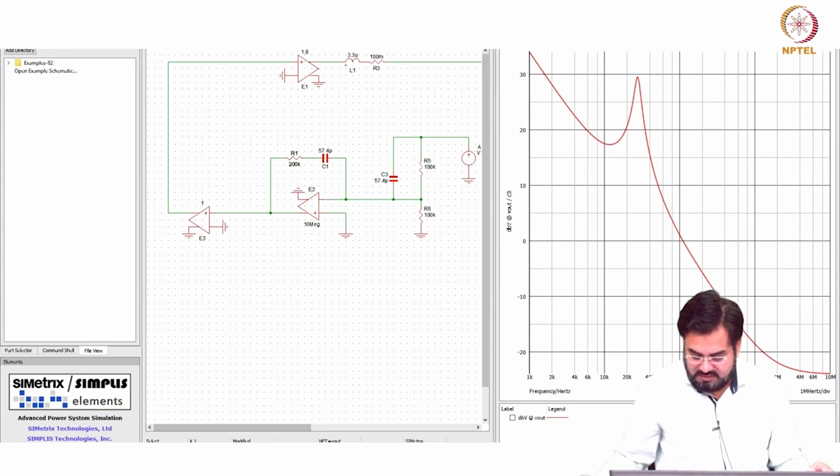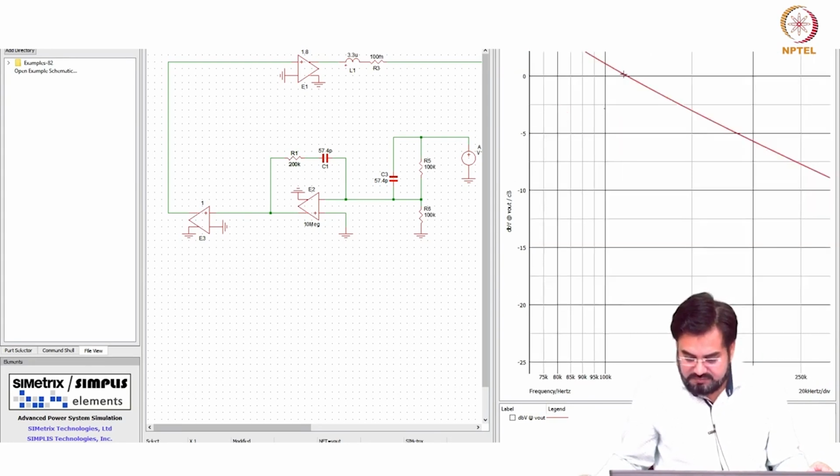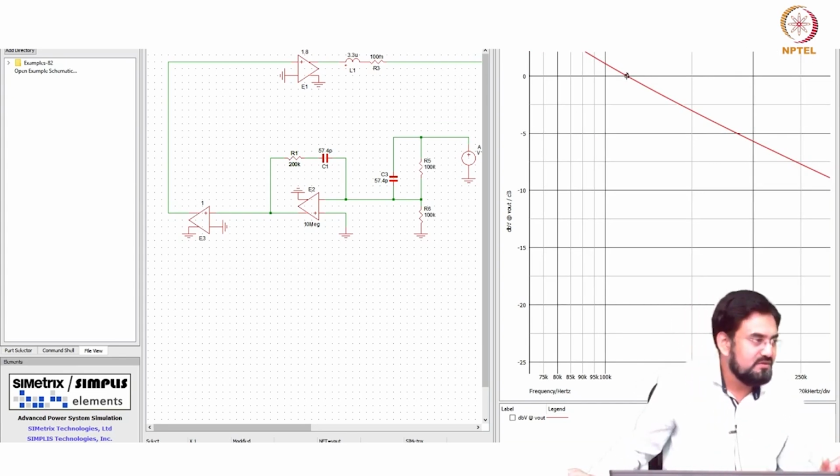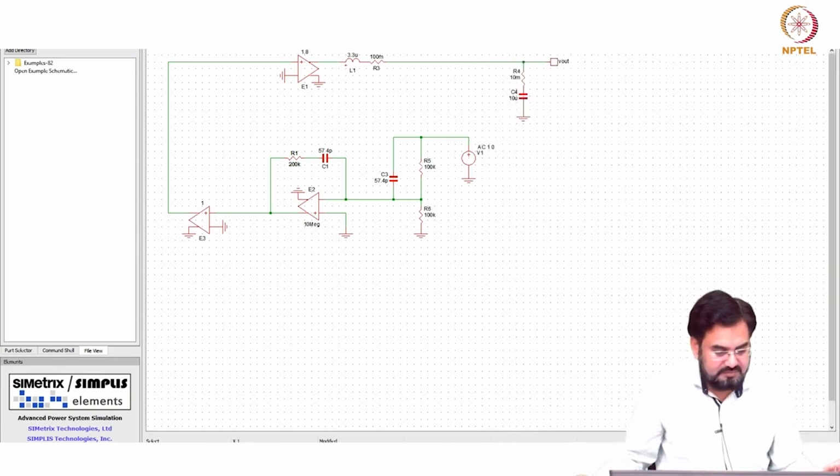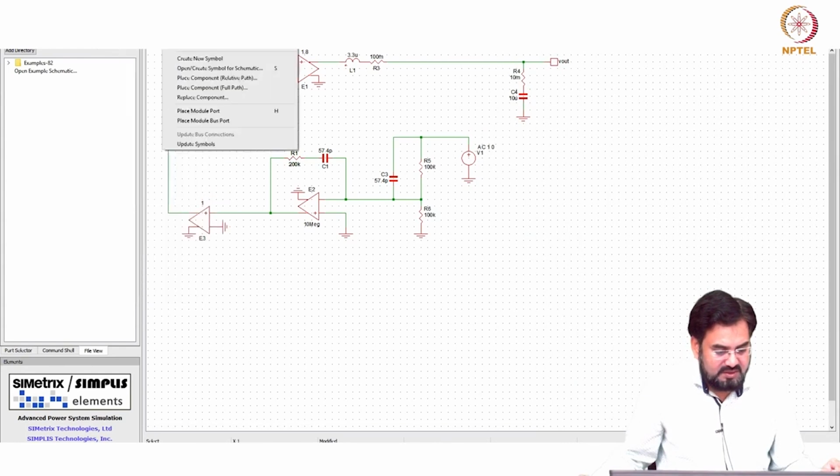Okay. So this is your 110. So only 10 kilo hertz we are off. So which is fine. Let's look at the phase.